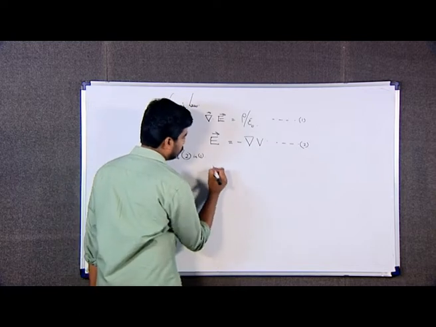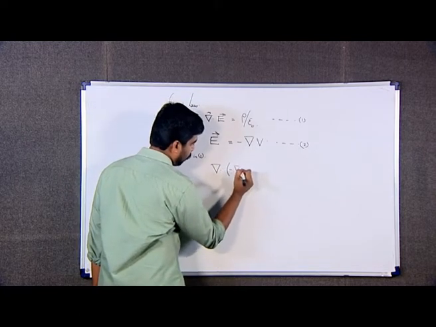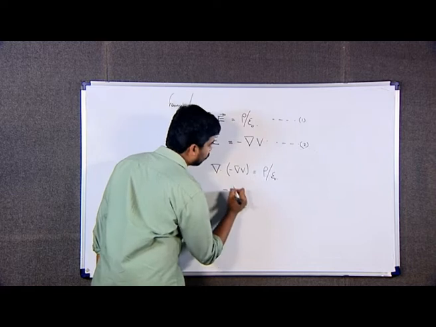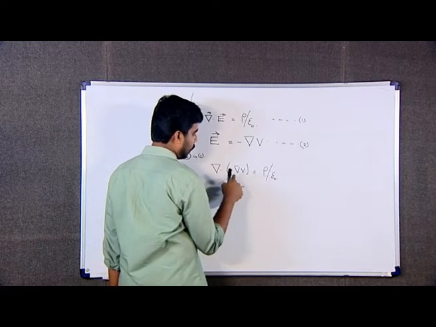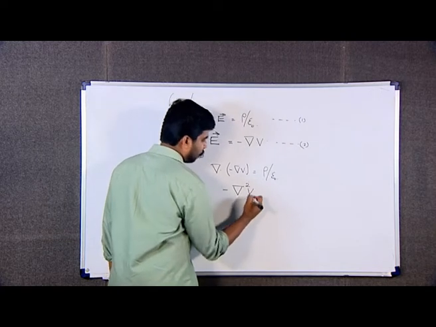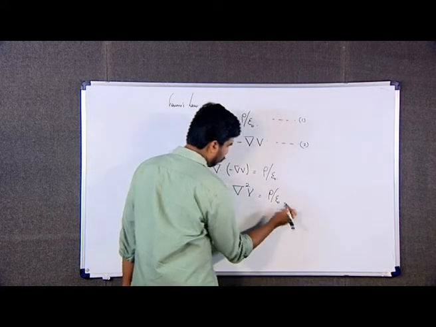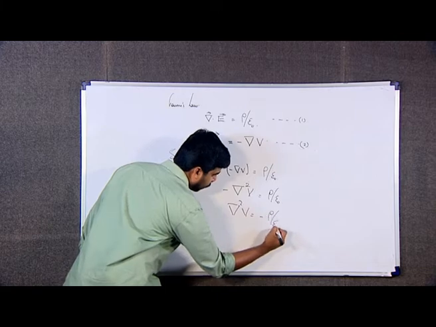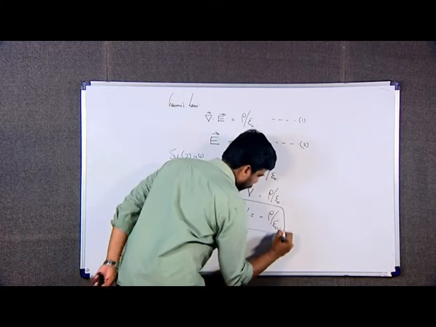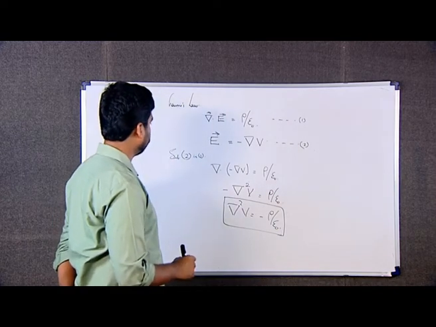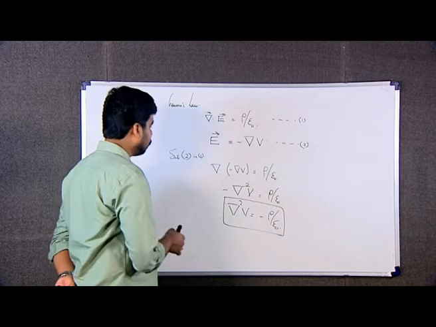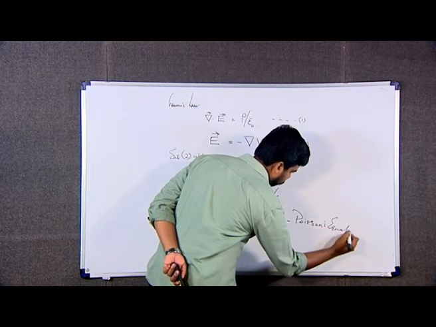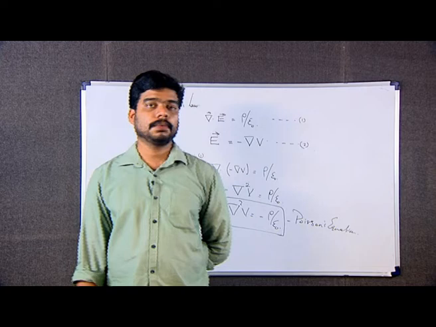On substitution, you will get del dot minus del V is equal to rho by epsilon 0, and del dot del V is nothing but del square V, so del square V is equal to minus rho by epsilon 0. This is called Poisson's equation.